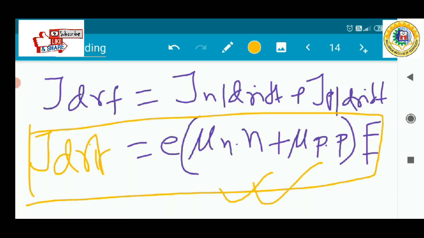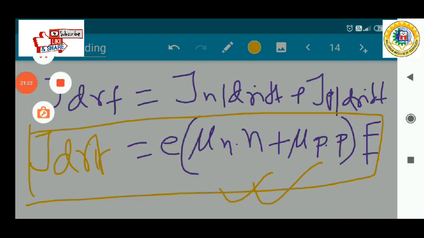If we consider both these effects, then this will be the equation for the drift. Okay, I hope it will be understandable to you. In the next class we will discuss diffusion.